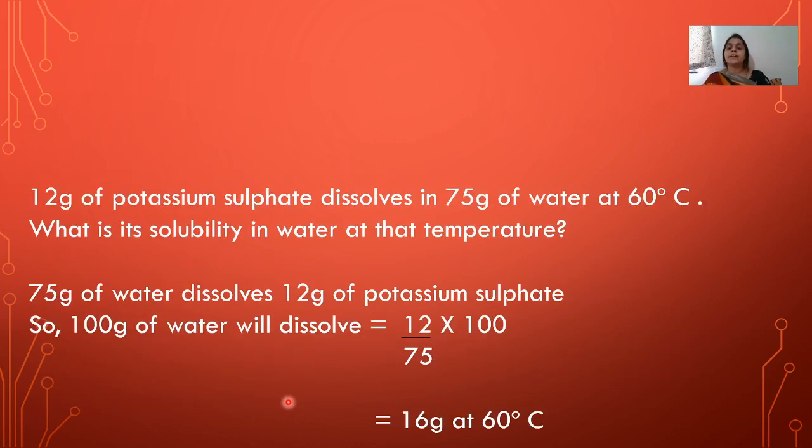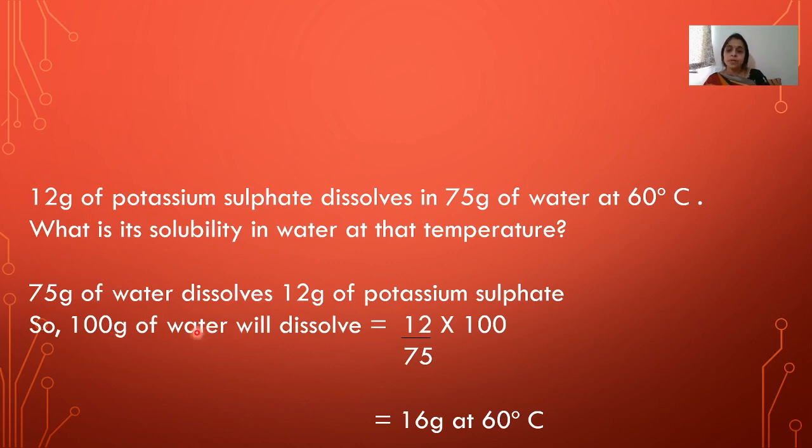Then there's a problem based on solubility now. 12 grams of potassium sulfate dissolves in 75 grams of water at 60 degrees. For this, they'll give a particular temperature. At this particular temperature, only 12 grams can dissolve in 75 grams of water. What is the solubility in water at that temperature? 75 grams of water dissolves only 12 grams. Therefore, for 100 grams of water, how much?